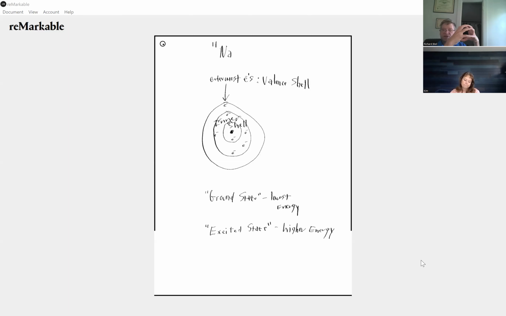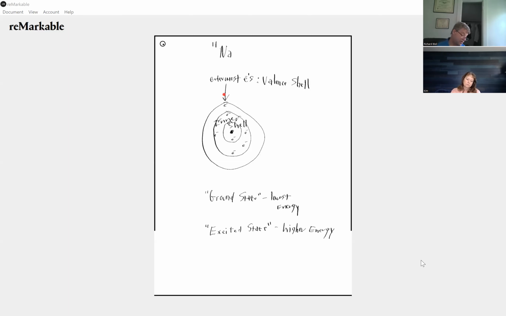But those inner shell electrons do nothing but provide the structure for the valence shell electron. In the valence shell, those are the electrons that are actually interacting. Okay? That's all chemistry is. Interaction of valence shell electrons.